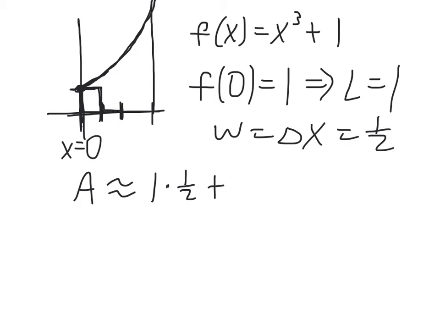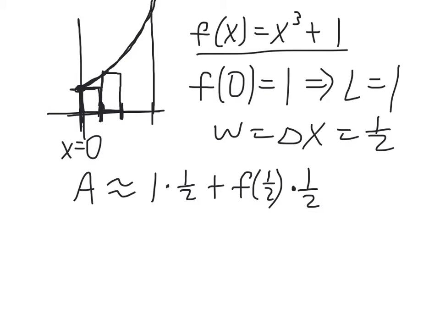Width again will go from 1/2 to 1. How do we calculate the height or the length? Okay, we use the left endpoint, which this time is 1/2. So our length is going to be f of 1/2. Plug 1/2 into the function and get our value. And then again times the width, which will be 1/2.